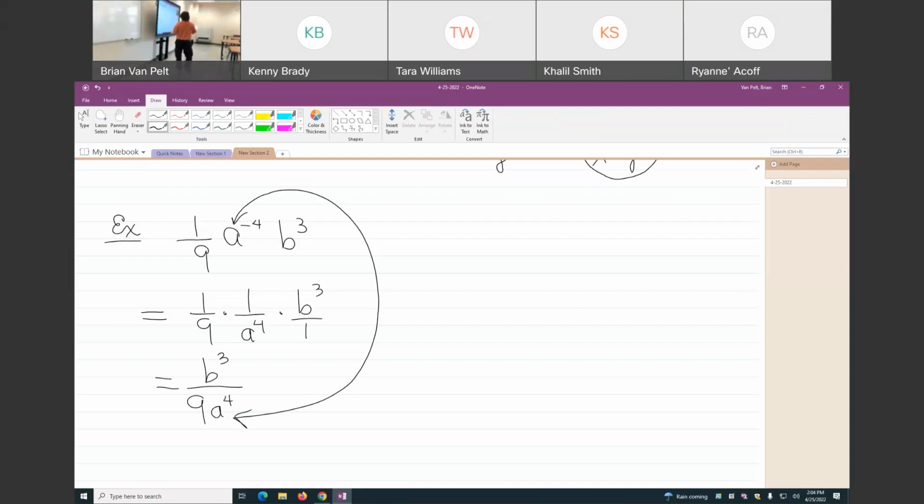All right, let's see how it's coming for you then. With the next one, all these are the same deal. You're just working with positive exponents. 7, 2t, times u7.